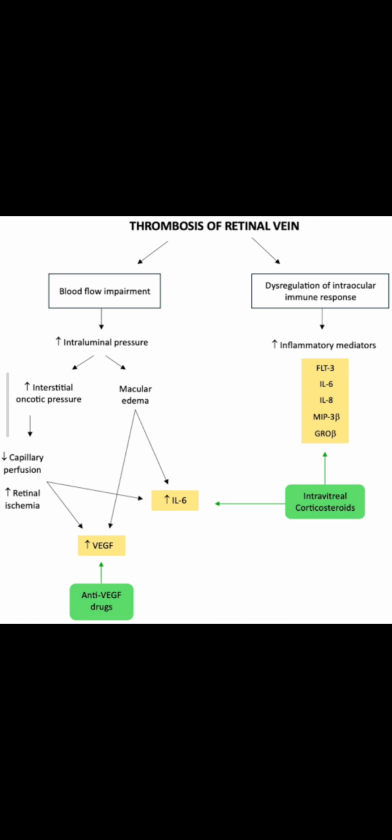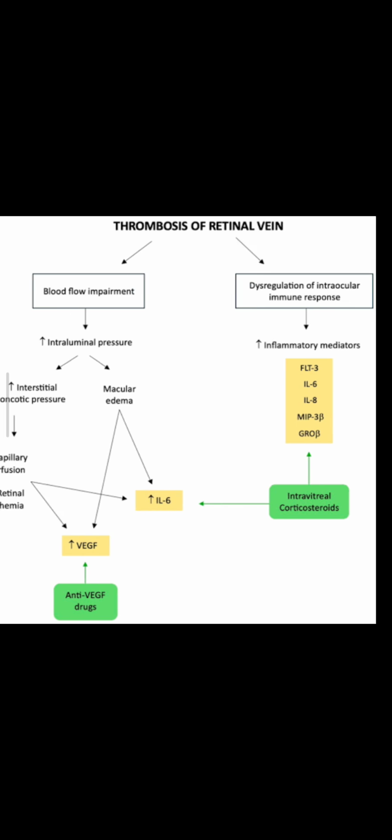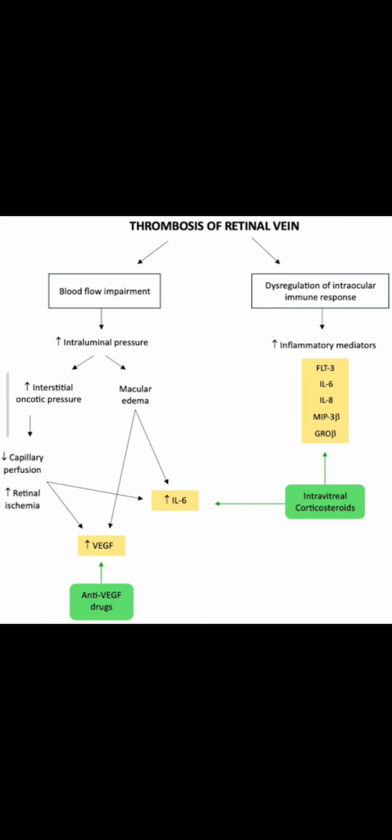If we give anti-VEGF drugs, the interstitial pressure and intraluminal pressure will decrease, causing less thrombosis of the retinal vein. Intravitreal corticosteroids like triamcinolone decrease the inflammatory mediators and the risk of vasculitis.